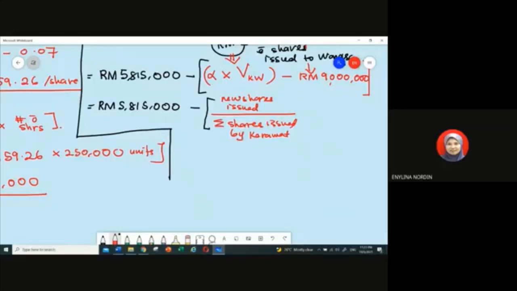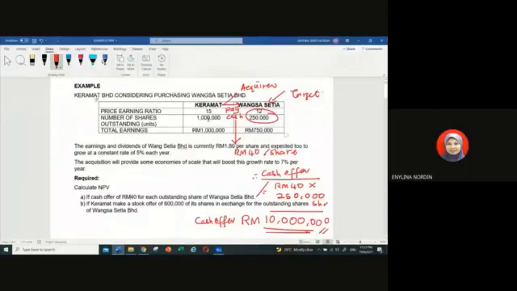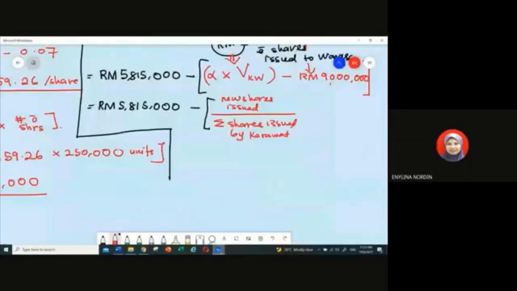Currently the number of shares issued by Keramat is only 1 million shares. But if Keramat issues 600,000 to Wangsa, this will make more shares outstanding in Keramat Berhad. And then multiply by the value of the combined firm.